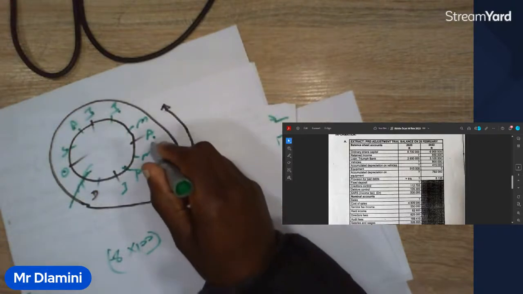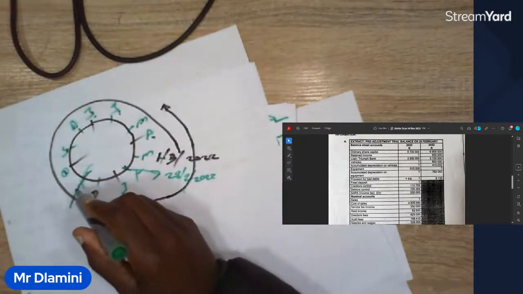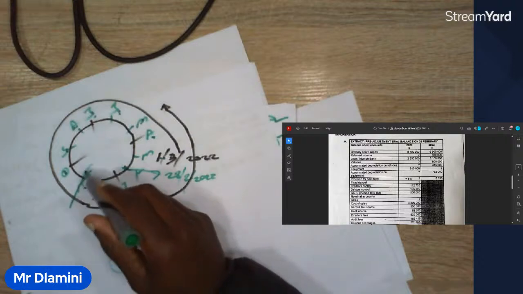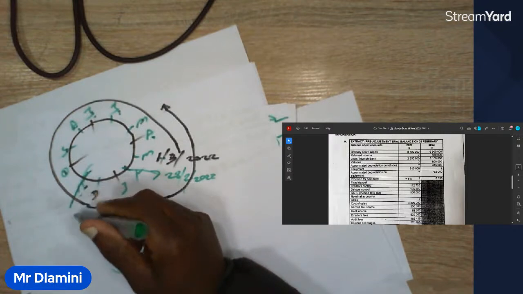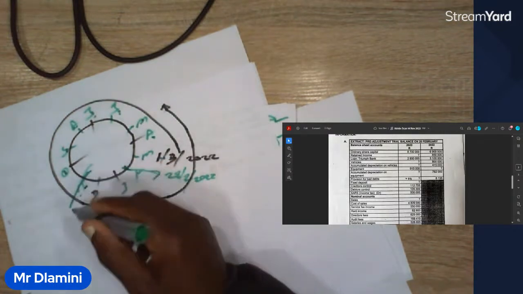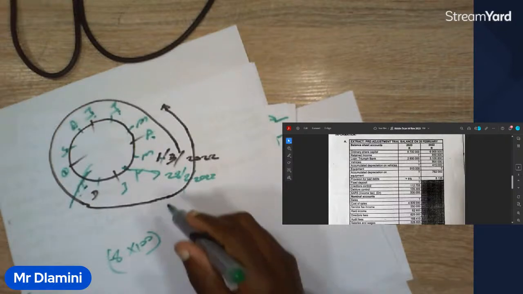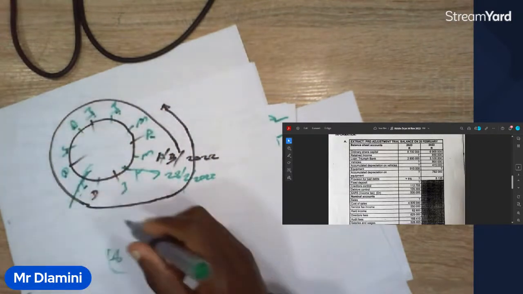We are not going to count November because it's the first day of November. If it was the 30th of November, we would count November. But since we are at the first of November, we've got 8 months.